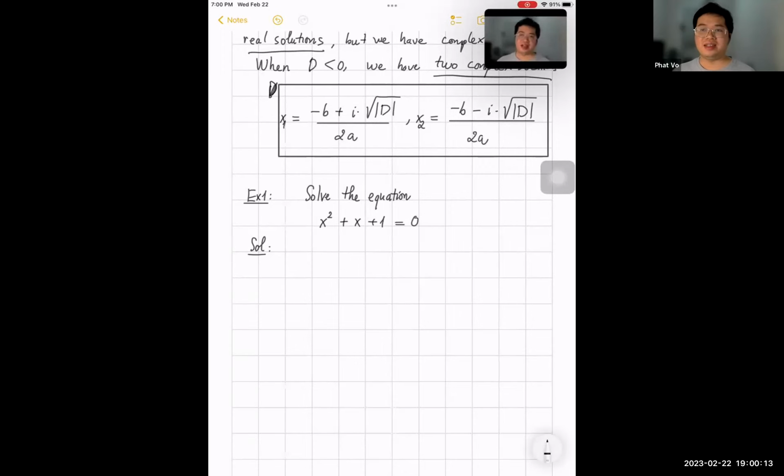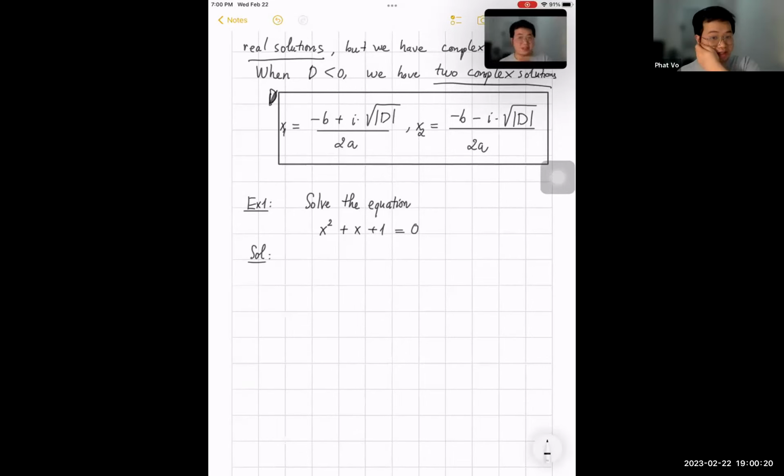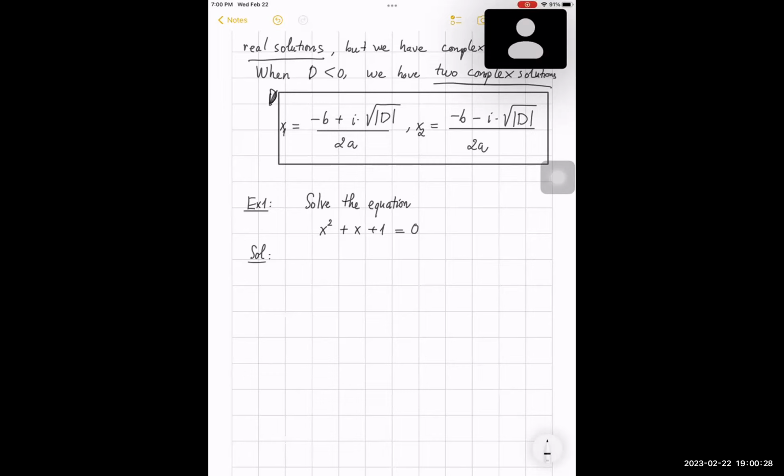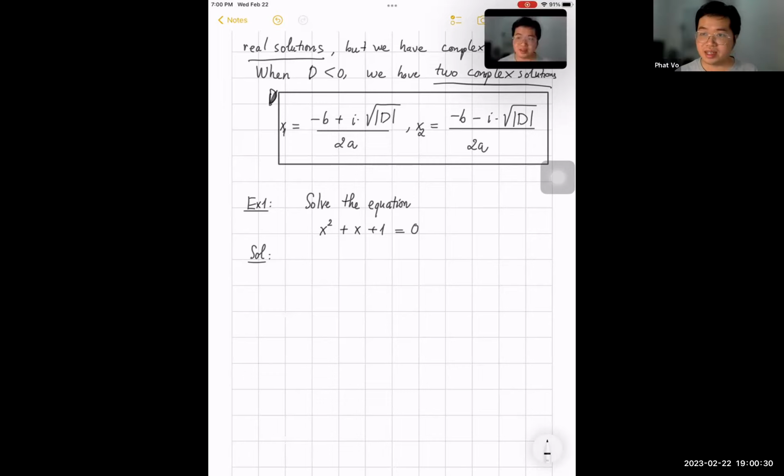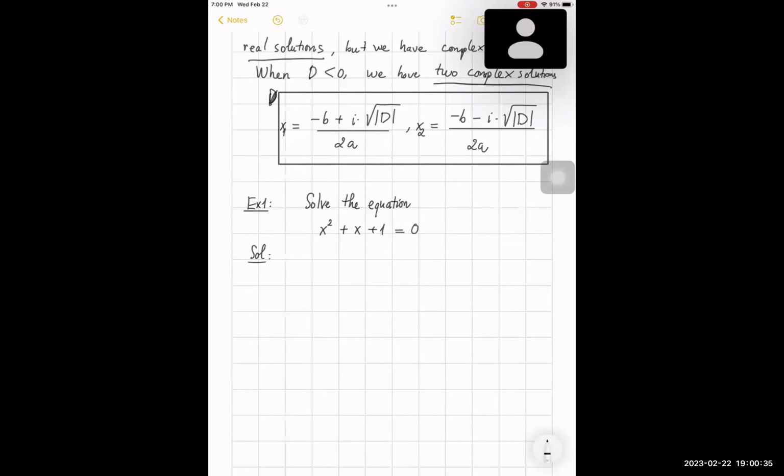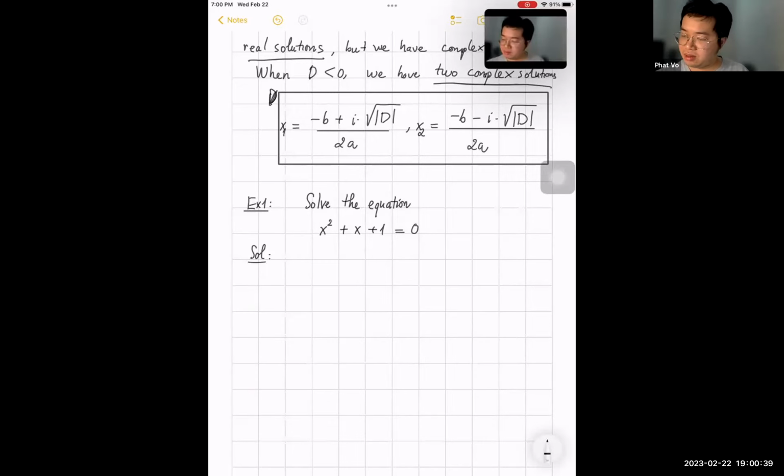Could you tell me the coefficients a, b, c in this equation? Who can help me? All of them would be 1. Okay, a equals 1, b equals 1, c equals 1. Yeah, exactly. Thank you, Mohammed.